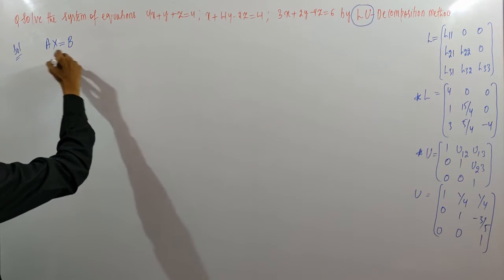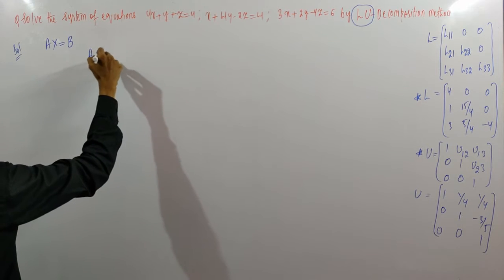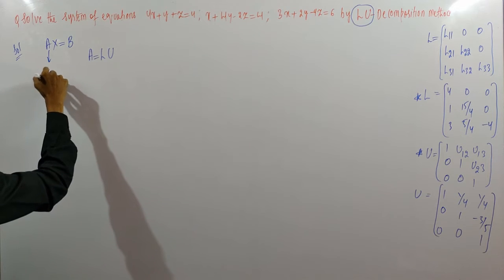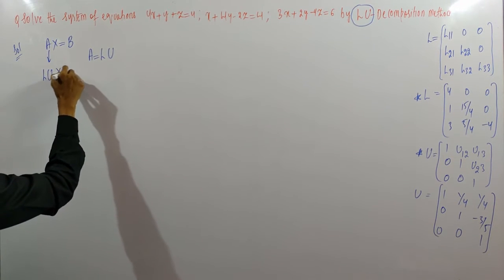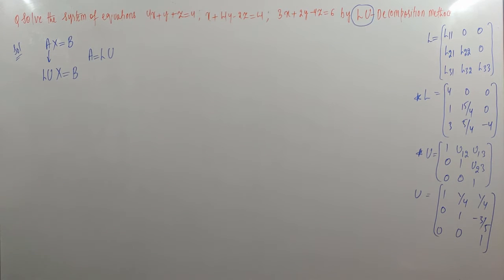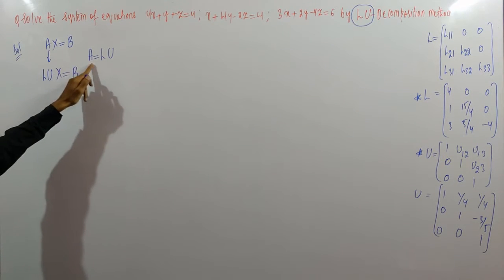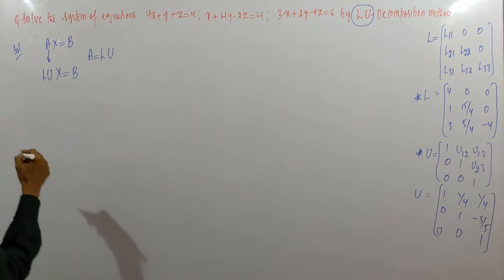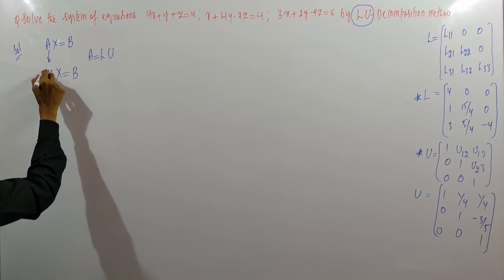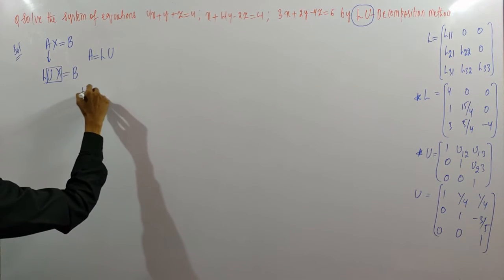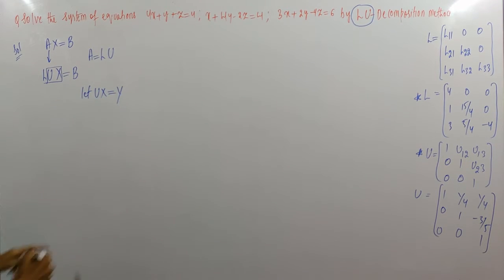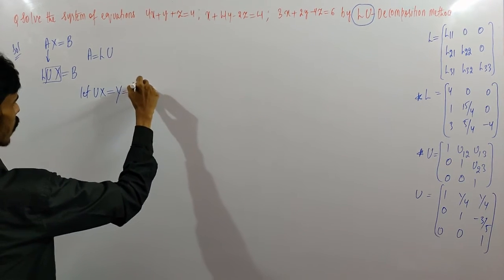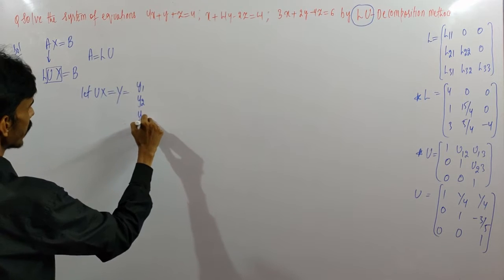Here we have taken matrix A as L into U. Then this will become LU into X equals B. Let us suppose UX, that is U into X, is a Y matrix given by small y1, y2, y3.